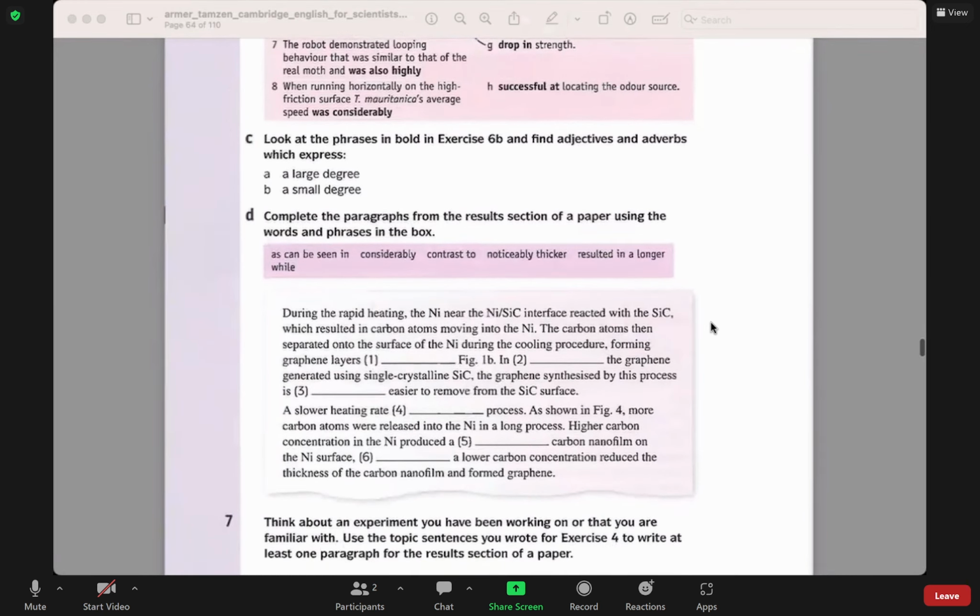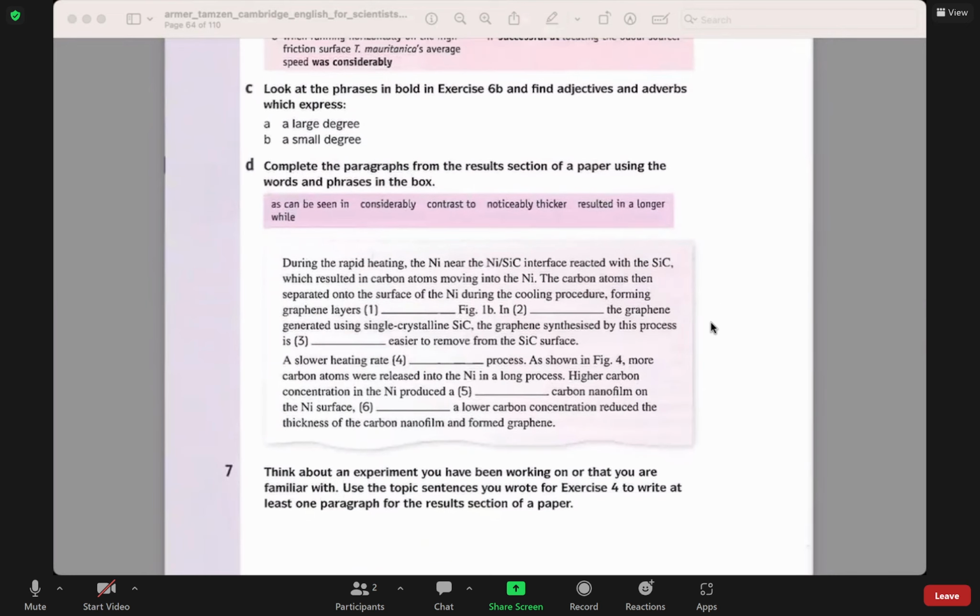So, as you see in the results section, we have to express how big or small our results are, and which we expected and which we've got.